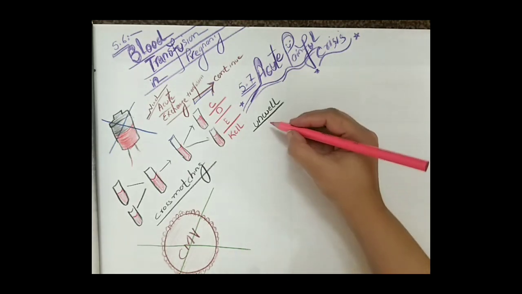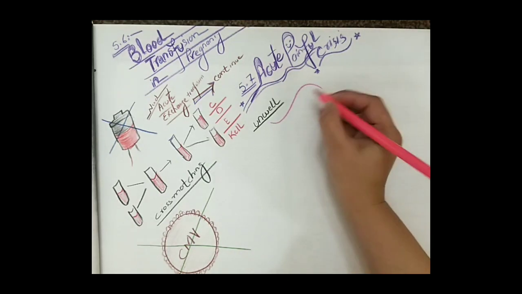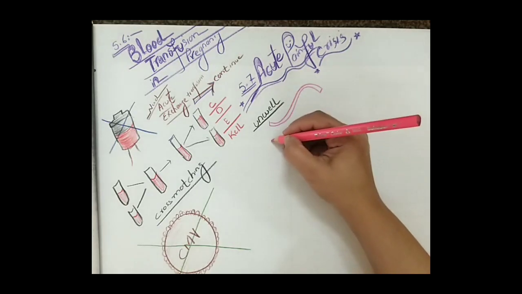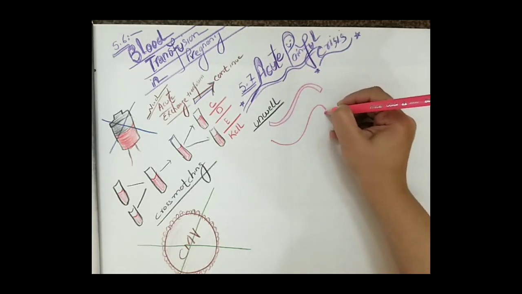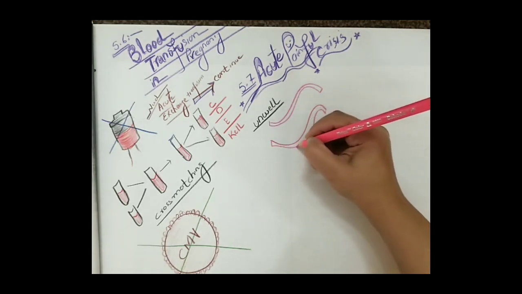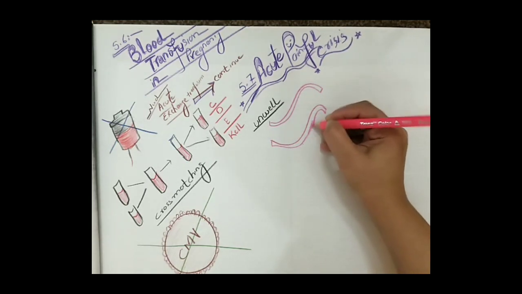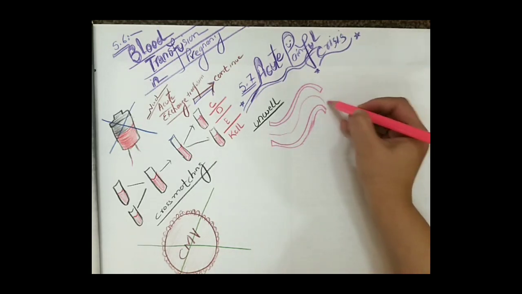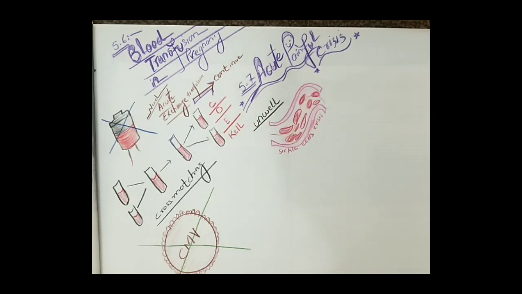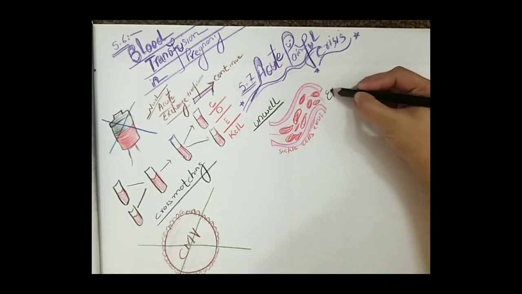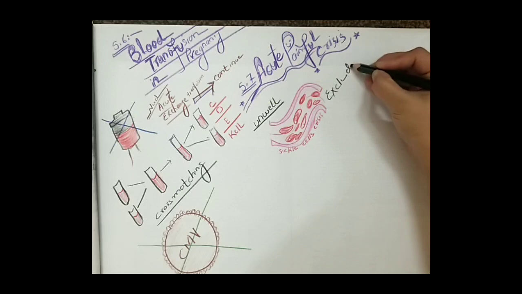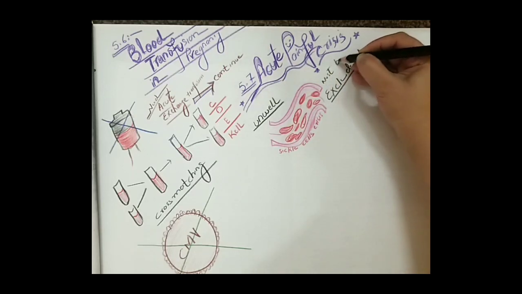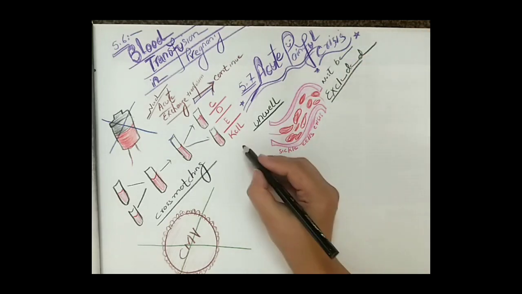This should click in our mind, whether she has acute sickle cell crisis or not, because that is an emergency situation. We have to deal with it in a proper way, because the painful crisis is the most common complication of sickle cell disease during pregnancy. That must be excluded.